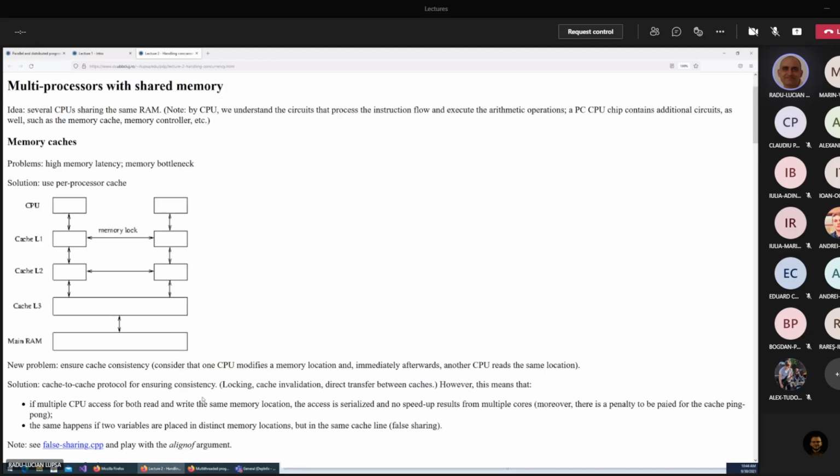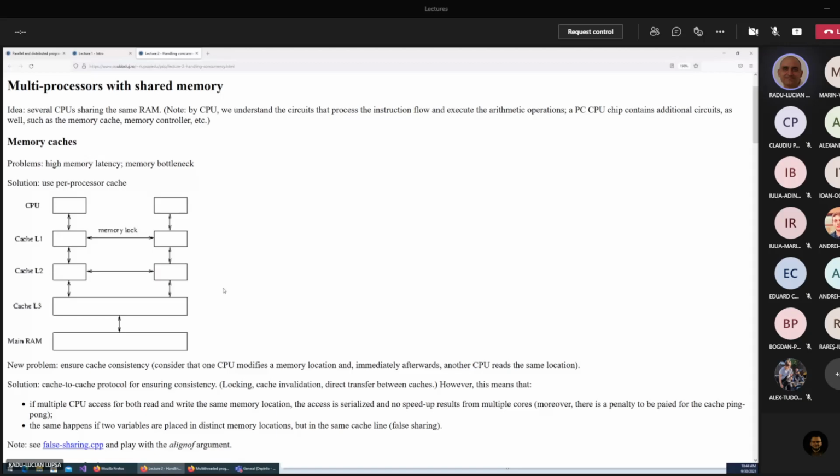Now, the second thing that I will just start now and then we finish for today is that typically we have several CPUs, and now the question is, does each CPU have its own cache, or do they share the cache?